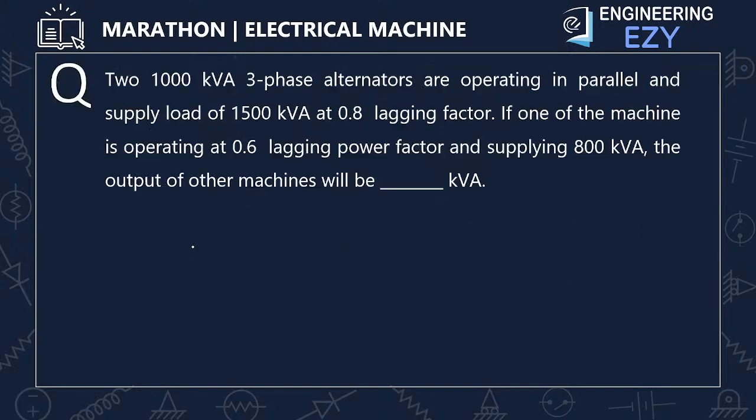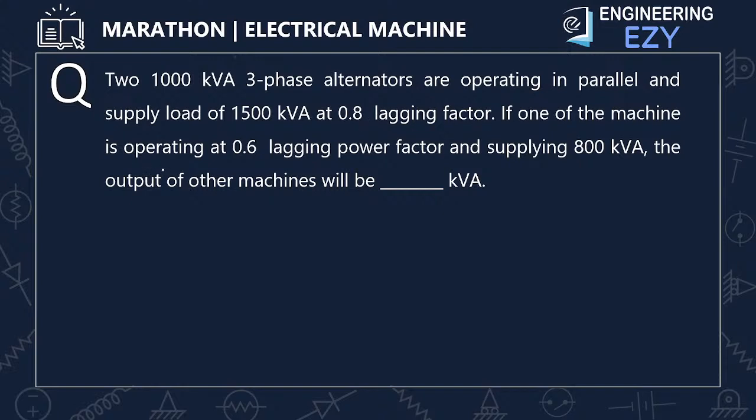So now let's start the question. Next question. Two 2000 kVA three-phase alternators are operating in parallel and supply a load of 1500 kVA at 0.8 lagging power factor.